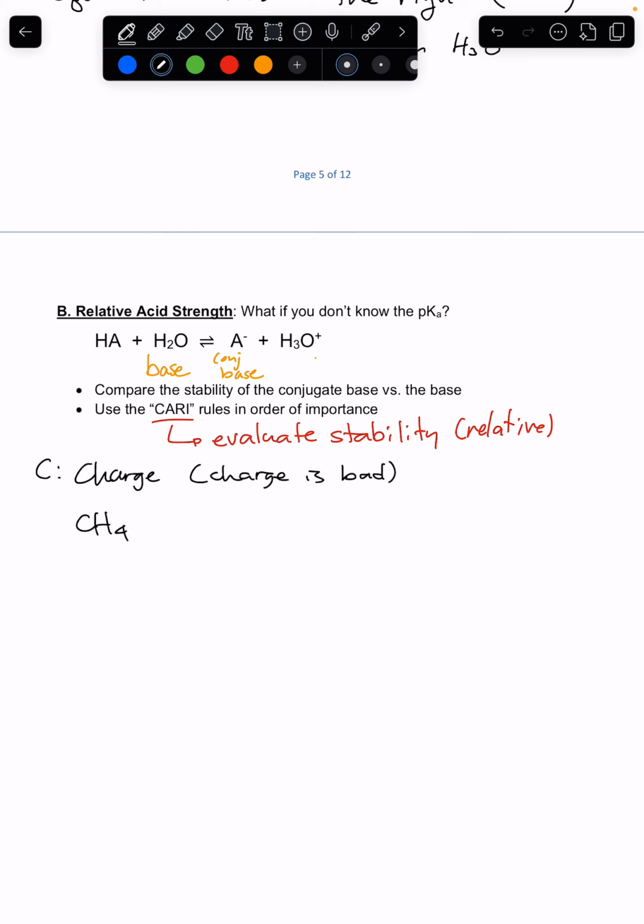For instance, let's say we had this reaction equation. That, by the way, is methane. Here ammonia is losing, according to this equation, a proton, and the ammonia is picking up a proton.